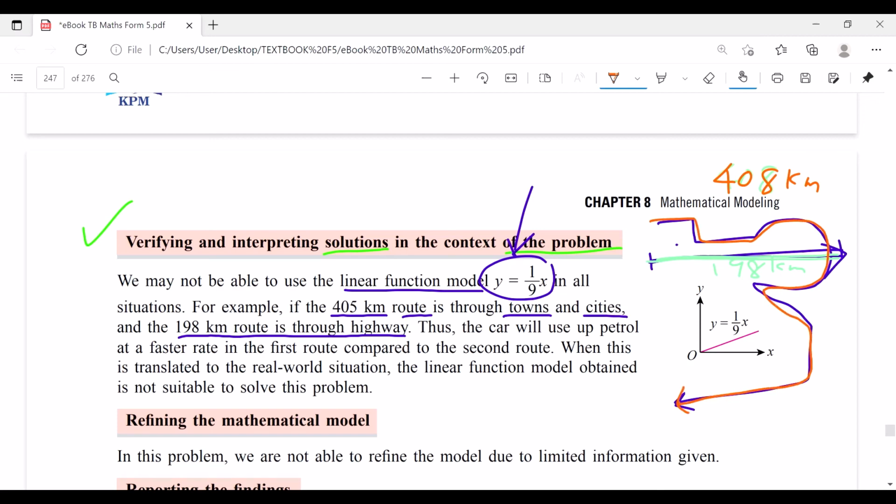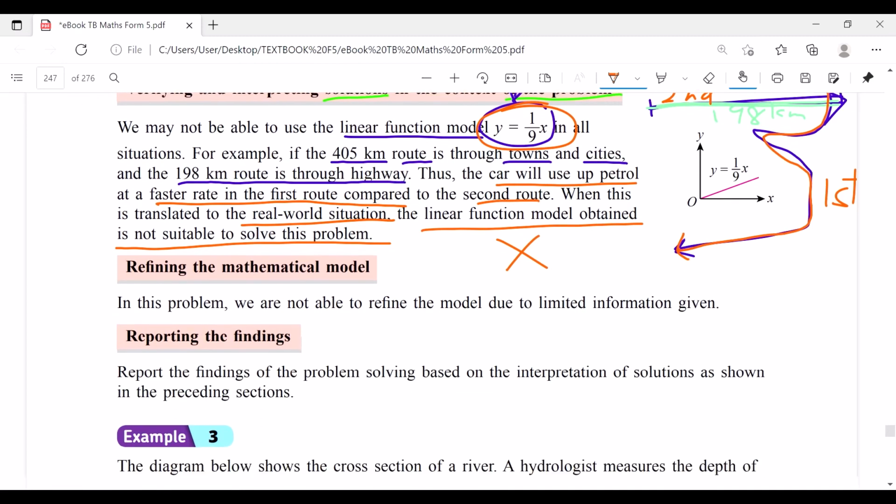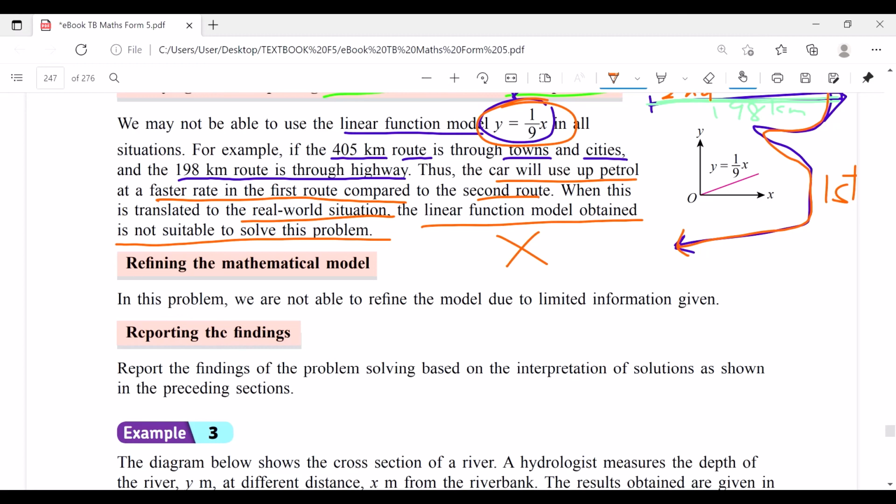So this function is not applicable anymore because the car will use up petrol faster in the first route compared to the second route. This is the first and this is the second. When this is translated into the real world situation, the linear function model obtained is not suitable. Not suitable. The real world is too ideal, just as we talked about just now.